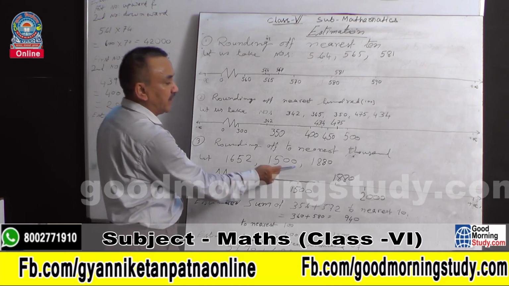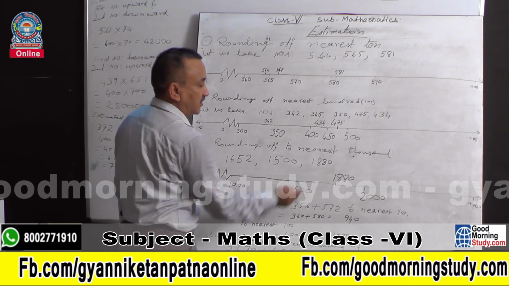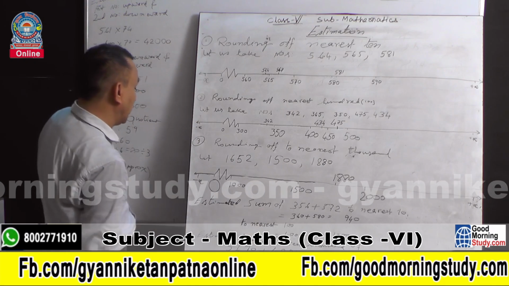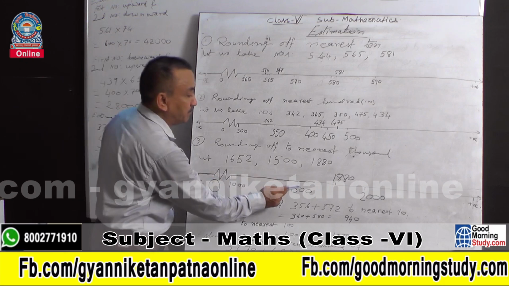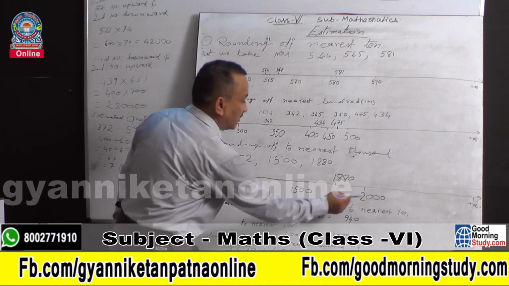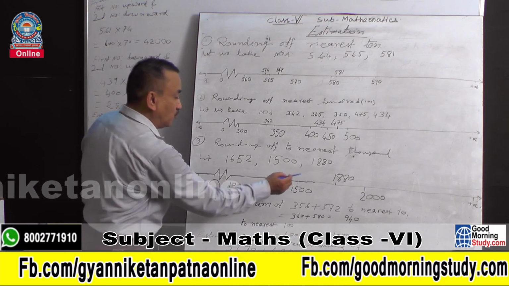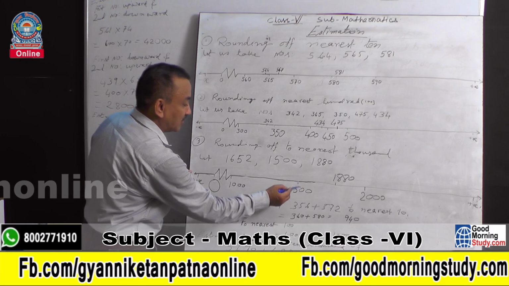1652, 1500, 1880. Now if you draw the number line, this is 0.0 we have marked, this is 1000, 1500 and this is 2000. We want the nearest 1000.